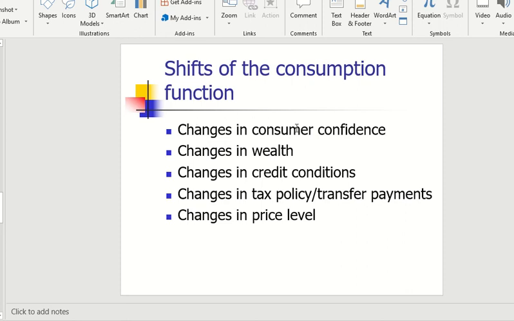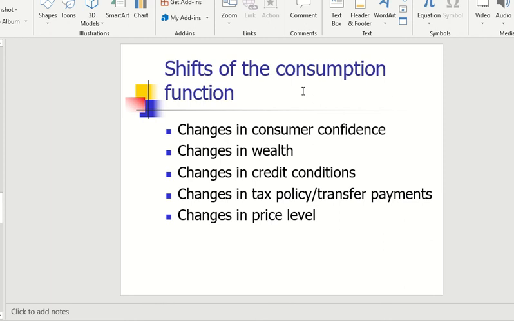Consumer confidence is a broader category than expectation of future income, because with consumer confidence, people may feel good about their future job prospects. They may feel good about their raise in income, and about the promotion and so on and so forth. They may feel good about making money in the stock market or other kinds of financial investment. So it is a broader category of expectations than expectations of future income.